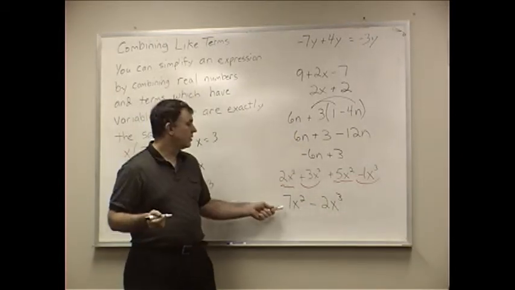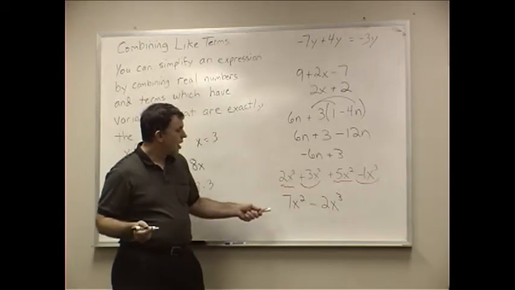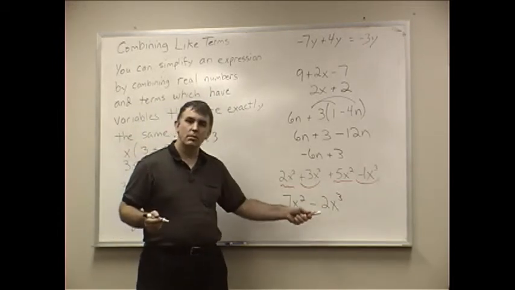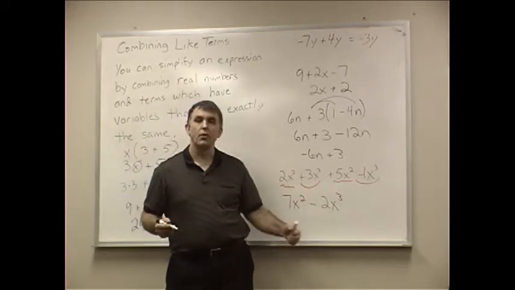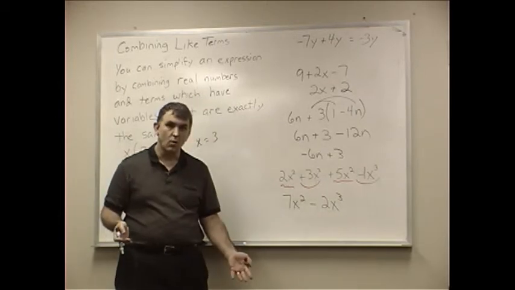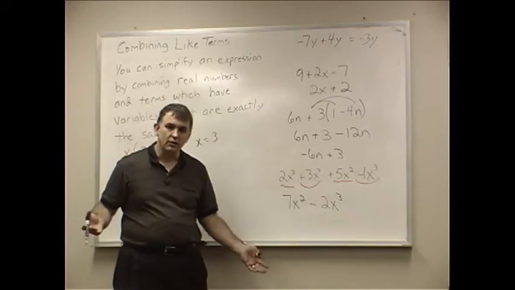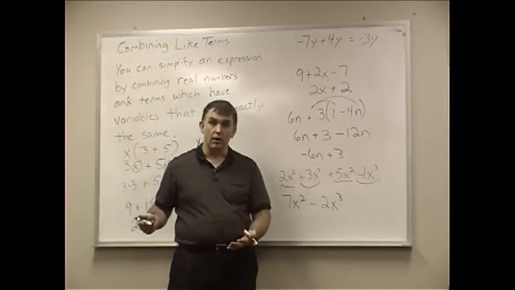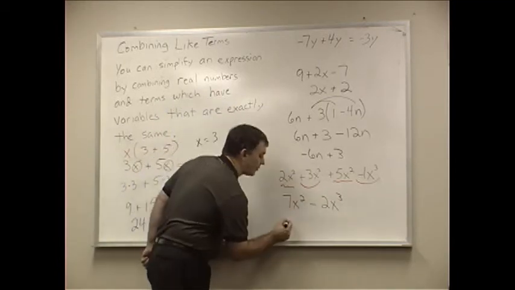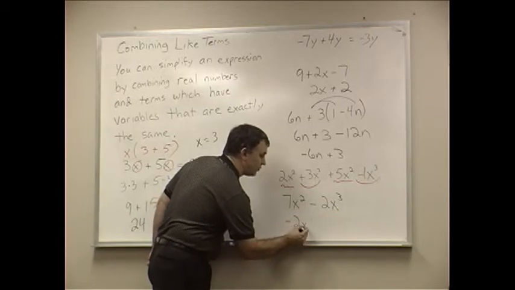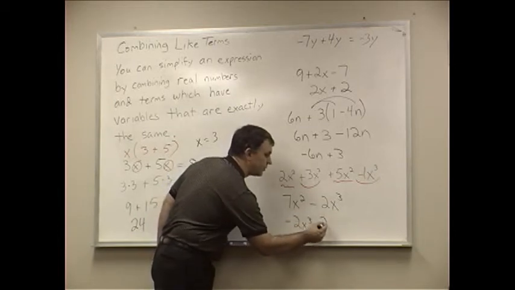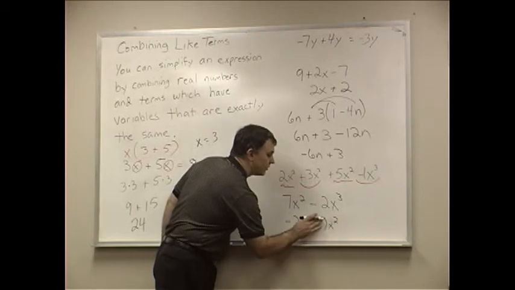Now, some of you may be looking at this and saying, we got a problem. The 2 comes before the 3. You're thinking in descending order. If the problem tells you the answer has to be in descending order, you need the largest variable first. So then I'd have to rewrite this as negative 2x to the third plus 7x to the second.